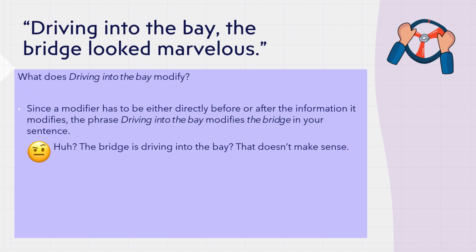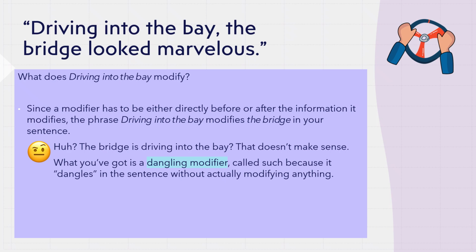The bridge is driving into the bay? Well, that doesn't make much sense. What you've got here is called a dangling modifier, which gets its name because it dangles in the sentence or just hangs there without actually modifying anything.